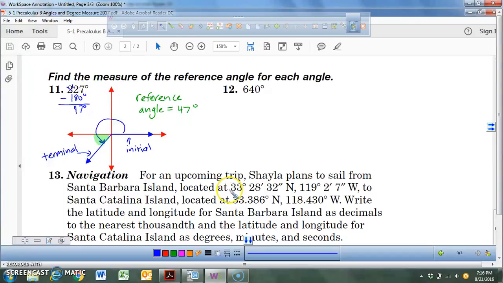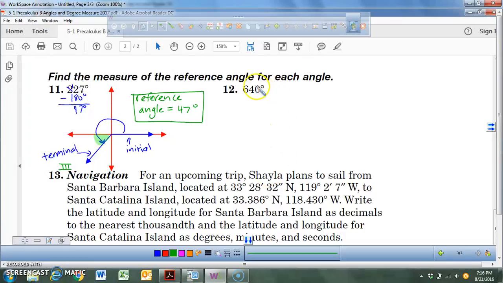Then you find where you are located in relationship to the x-axis. So this angle right in here is your reference angle. It looks like we finished up in quadrant 3, and so all you have to do is take 180 degrees away from 227. That gives you your reference angle.